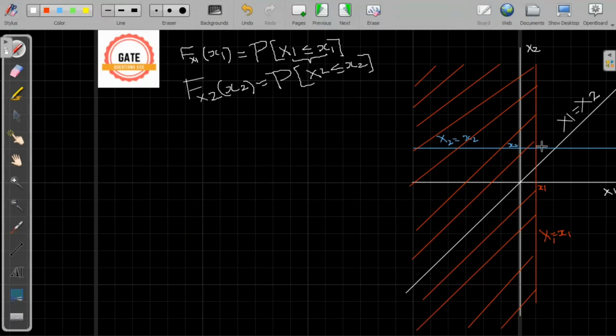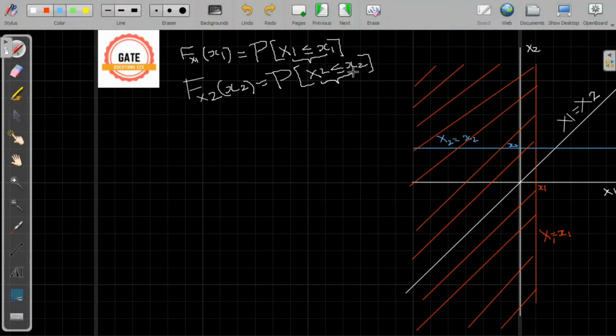So this blue line will be the straight line capital X2 equal to small x2. According to this definition, if we see the region defined by this, it is saying that random variable X2 is smaller than or equal to small x2.